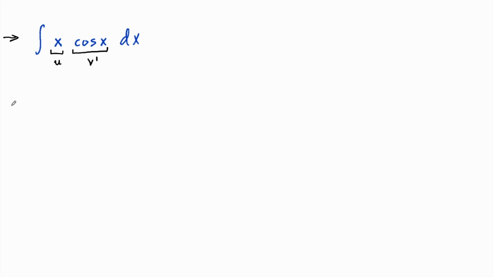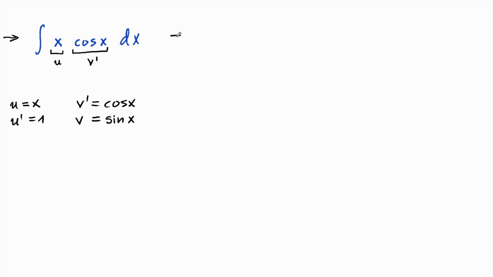So in this example, u is going to be the function x, and v prime is going to be the cosine function. Then the derivative of u is 1, and the antiderivative of cosine is the function sine x.